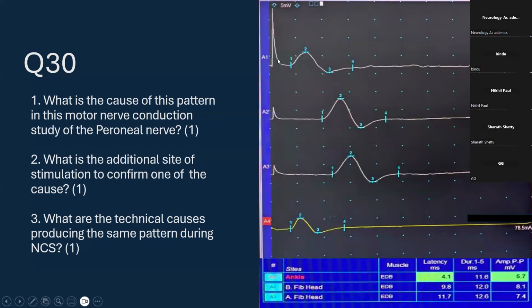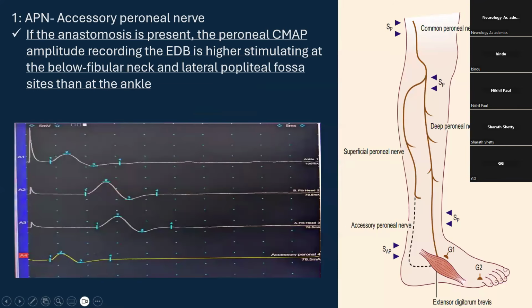Then, if you see such a recording, first you have to correct the technical errors, or else we can repeat the study at an additional site posterior to the lateral malleolus. This is seen in accessory peroneal nerve, where usually the extensor digitorum brevis is supplied exclusively by the deep peroneal nerve.